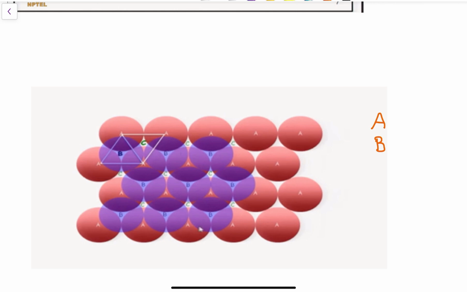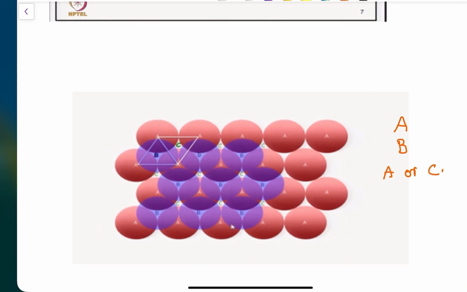For close packing, it can either go to A or C. Okay, there are two options. I can place atoms either on A or C. So that means the next layer can be A or C.